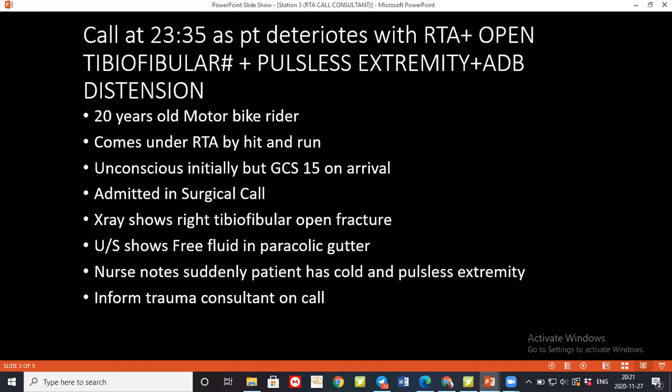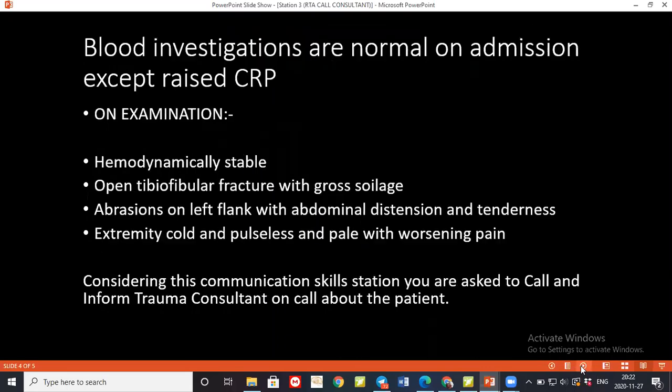All right. What could be the cause of the pulseless foot? We are thinking there are two possibilities: either the patient might be having compartment syndrome, or patient is having vascular injury. These are the two possibilities we are suspecting. All right.